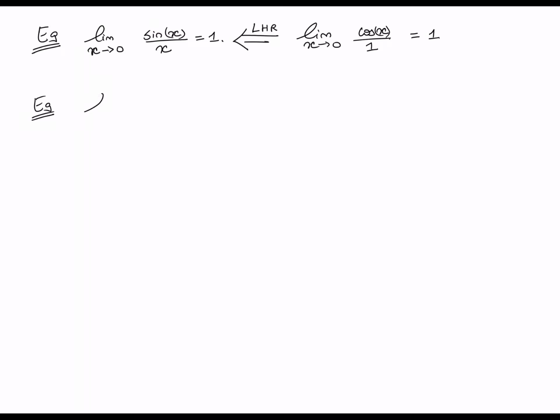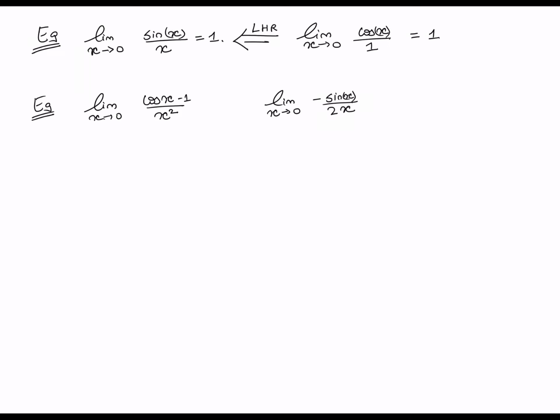Let's do another. Limit x tends to 0 of cos x minus 1 upon x square. This also satisfies hypothesis 2. Both the numerator and the denominator tend to 0 as x tends to 0. So again, I can reason about this limit by reasoning about the limit of the ratio of the derivatives, so that becomes minus sine x upon 2x.